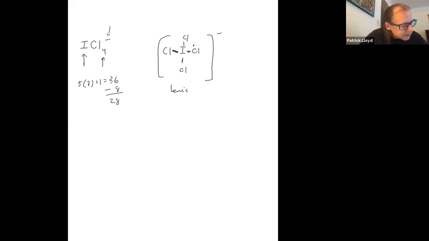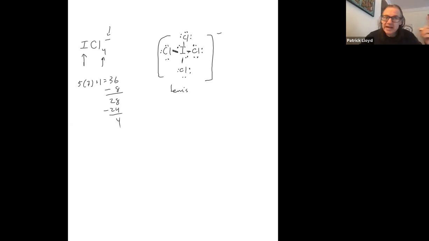We get all the surrounding atoms up to 8. And you can tell we're going to have electrons left over, right? Because 6, 12, 18, 24, we got 4. So we have 2 lone pairs. So typically with Lewis structures, you draw them kind of like this. You put them on the sides like that.